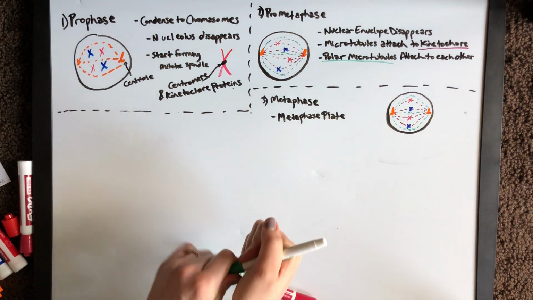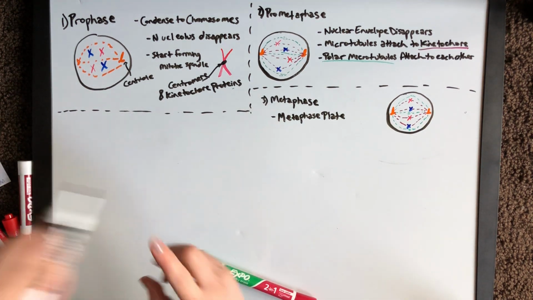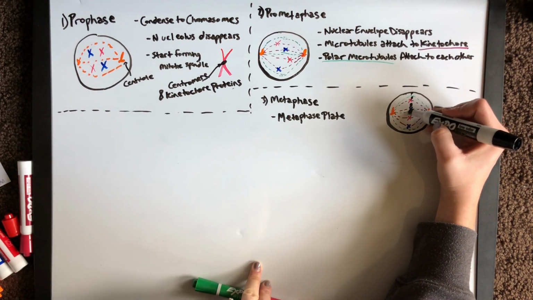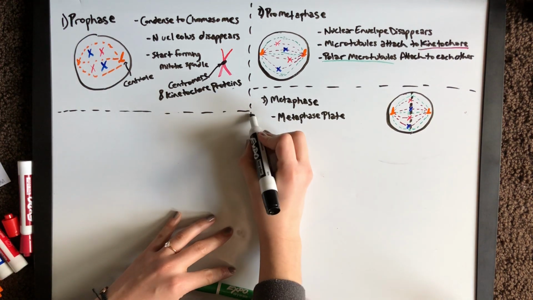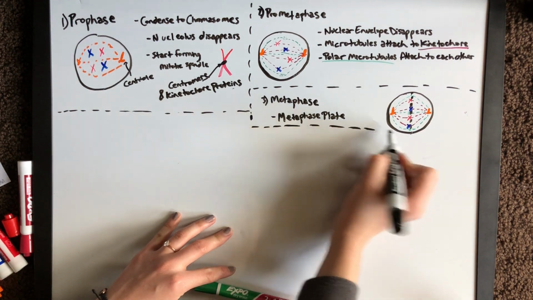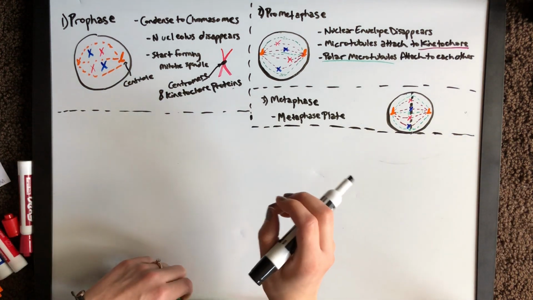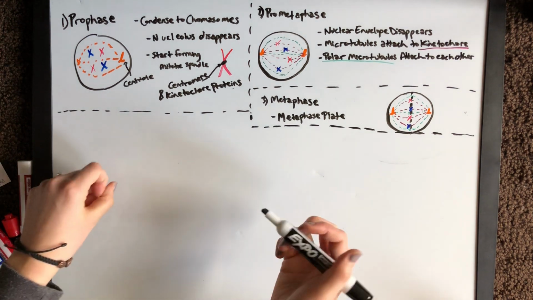So this imaginary line that they're lined up on is our metaphase plate. Oh, that's not straight. That's okay. Good stuff. So next is anaphase.